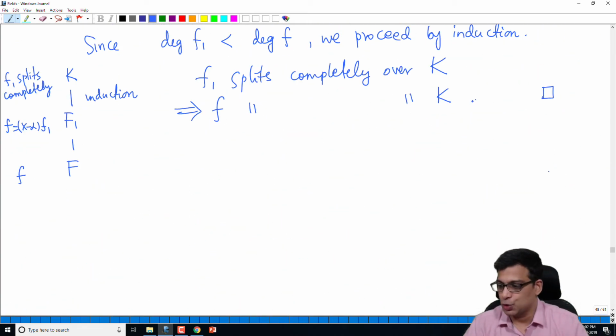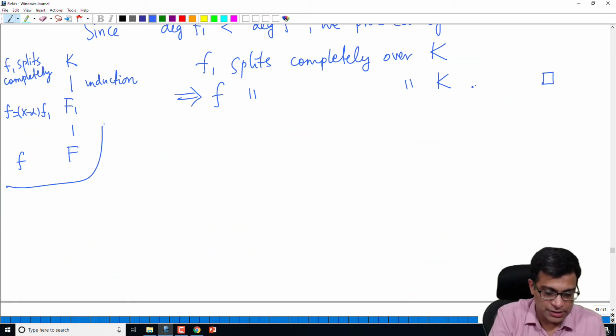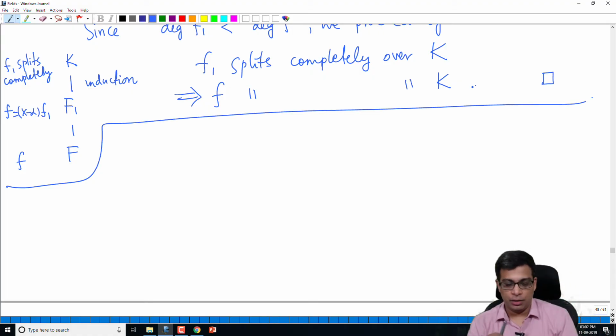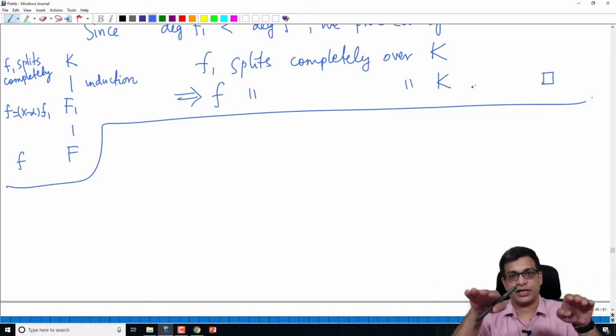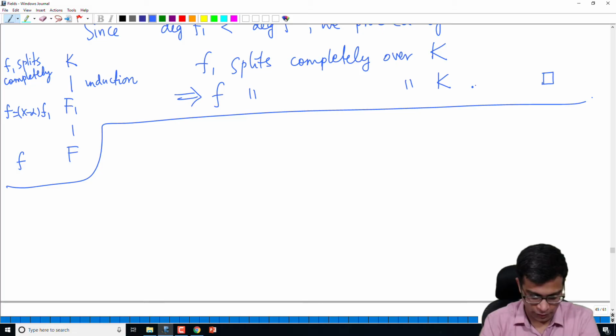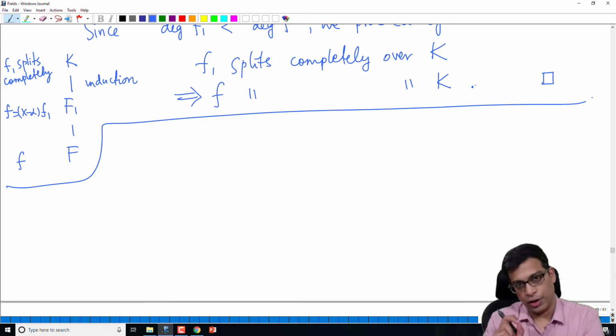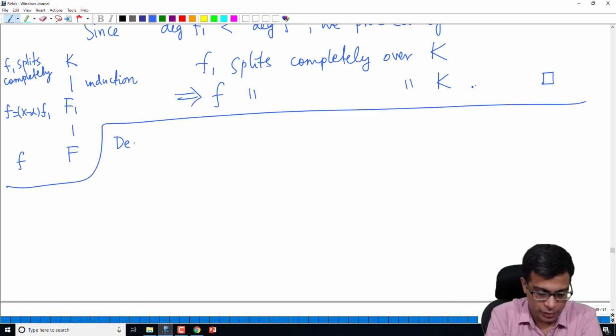Okay, this is a very useful construction for us. This tells us that a given polynomial may not have roots over a base field. Lots of polynomials don't have roots in Q, but you can always construct a bigger field where the polynomial will have roots. Not only will it have roots, but it will split completely as a product of linear polynomials.